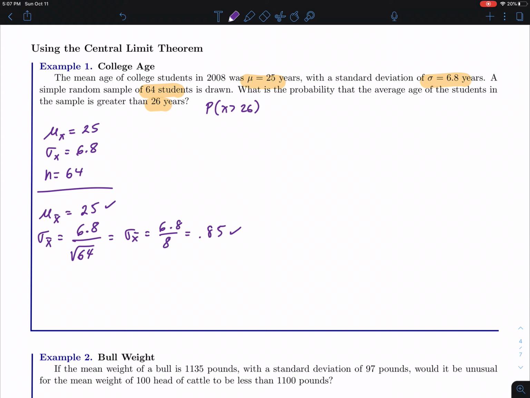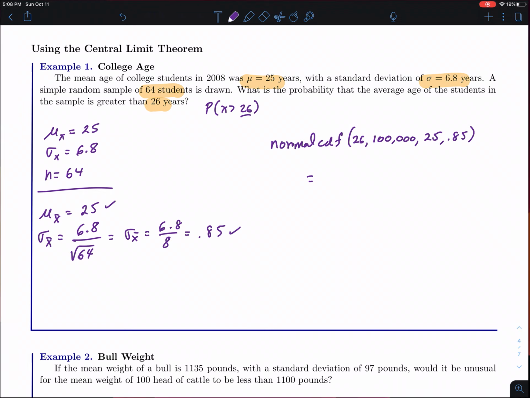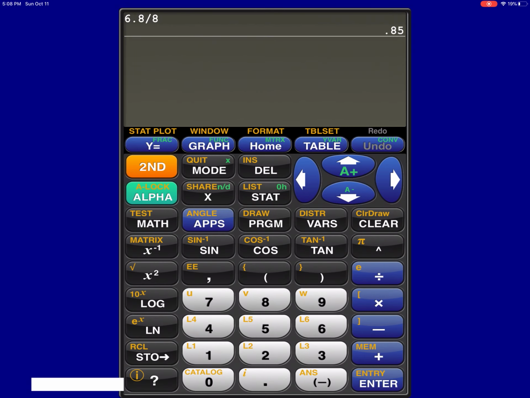we're set to be able to use our normal CDF, because we're trying to find a probability in this case. So in this case, 26 is our lower bound. So we're going to let 100,000 be our upper bound, then the mean 25, and the standard deviation 0.85. And so plugging this in the calculator, let's see, what do we get here?